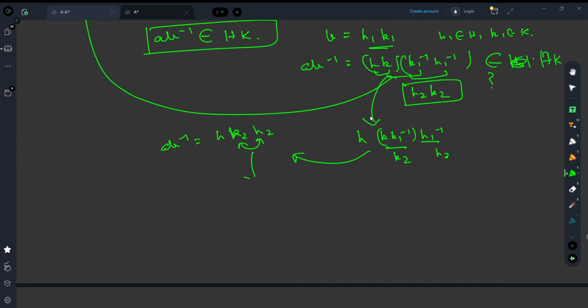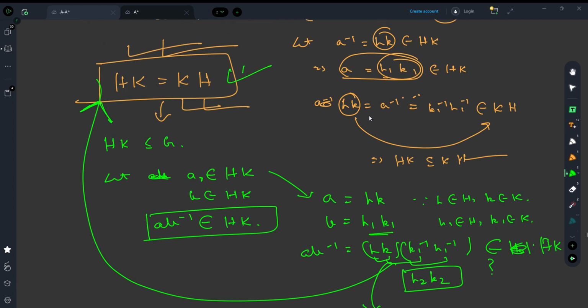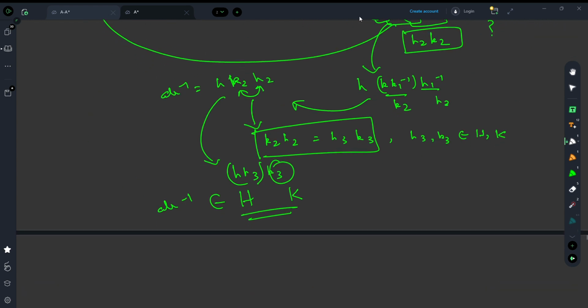I want to say that if K2 H2 can be written as some H3 K3, where H3 and K3 are from H and K respectively, then this can be written as hH3 K3. By closure, this is an element of capital H, this is an element of capital K, so AB inverse is an element of HK. And this portion is possible only if this happens, right? Therefore, we have a very nice proposition.